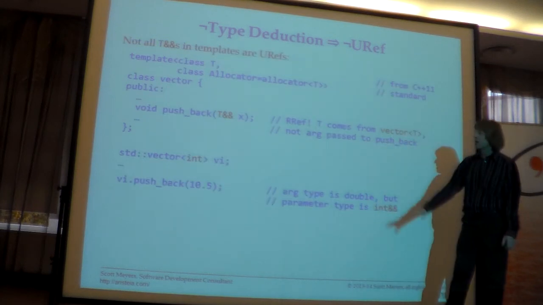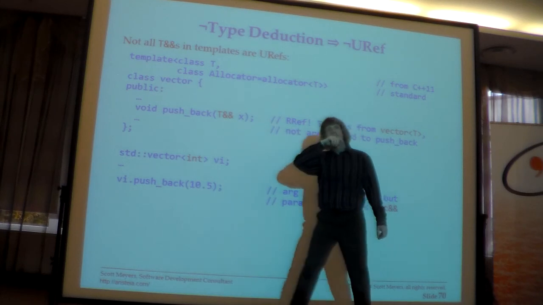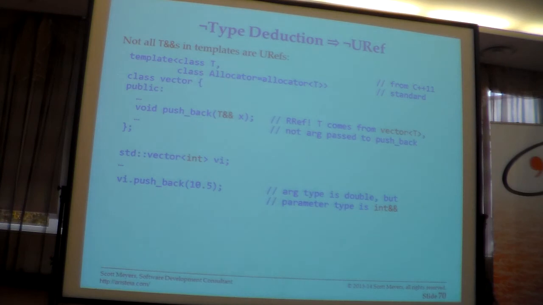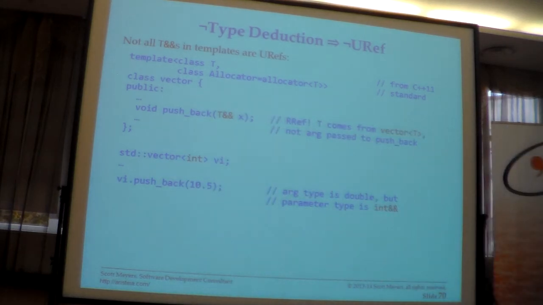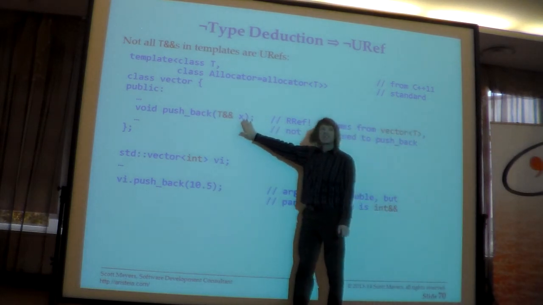Other questions about why this is just an R-value reference? Yes? Whenever I pass some integer literal to this function, and then I print the address of it, what is the address? Where is it taken? Okay, so I think your question is, if I take the address of this parameter, what am I taking the address of?